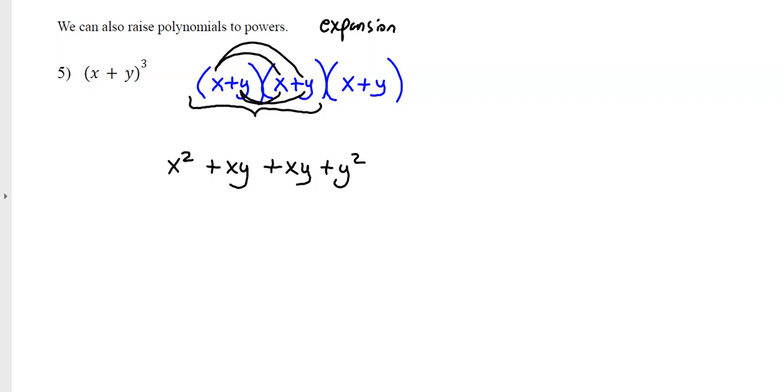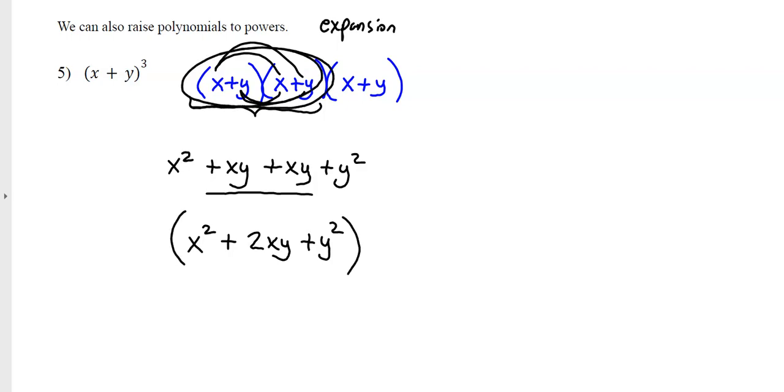Now I'm going to want to clean this up, because I don't want to multiply these 4 terms by the last 2, because then I'm going to have 8 pieces, and it just creates more stuff. So I'm going to combine like terms here, and I'm going to get x squared plus 2xy plus y squared. So this right here is basically what this ended up being.